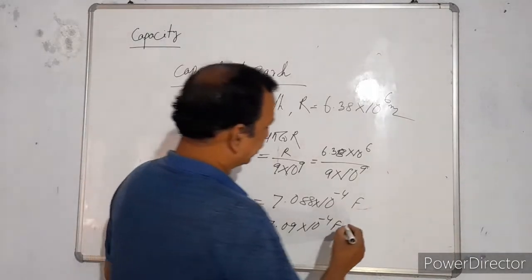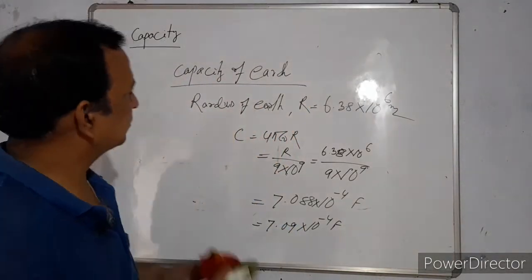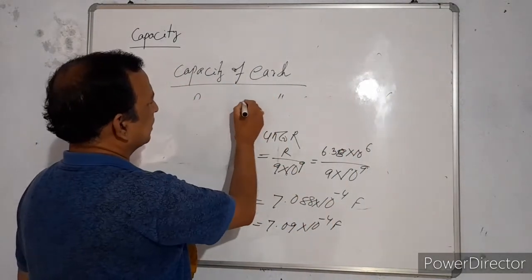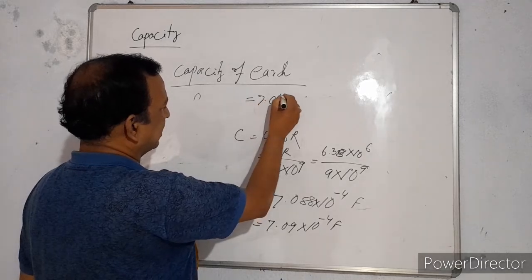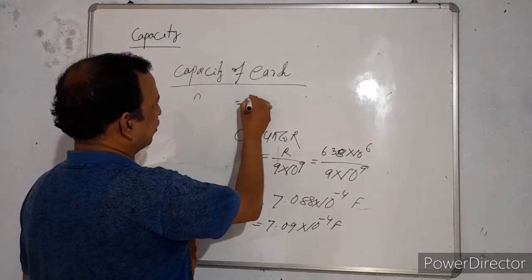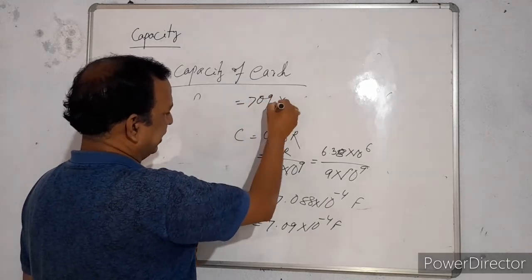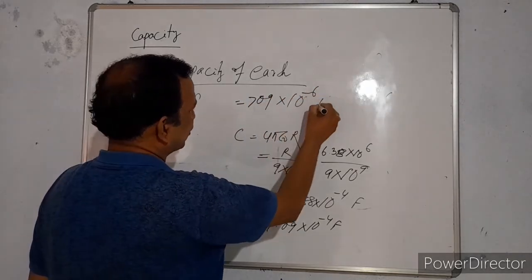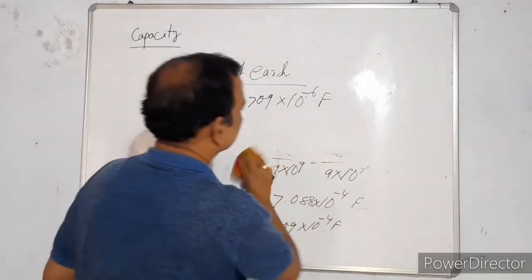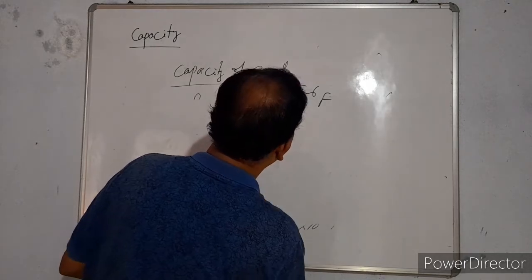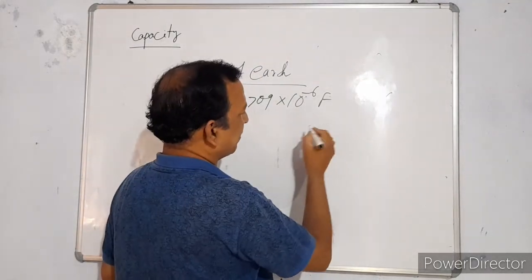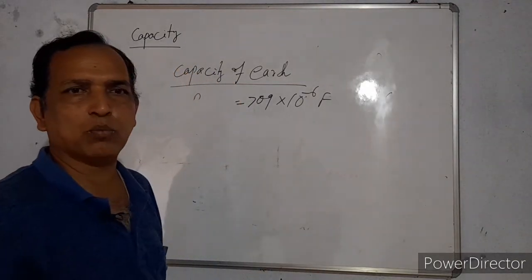So that is equal to 709 into 10 to the power minus 6 farad. In case of units, there are other units: microfarad and picofarad.